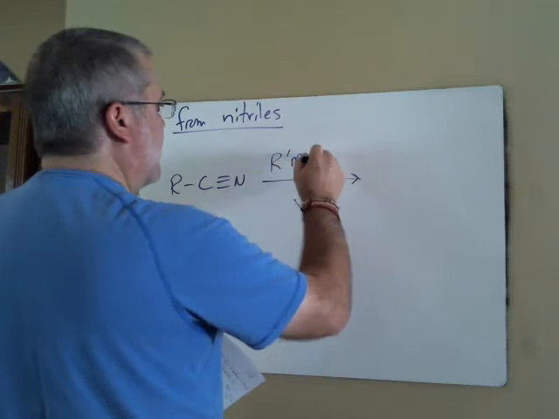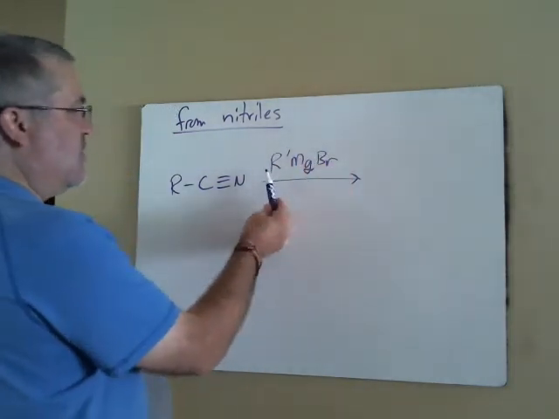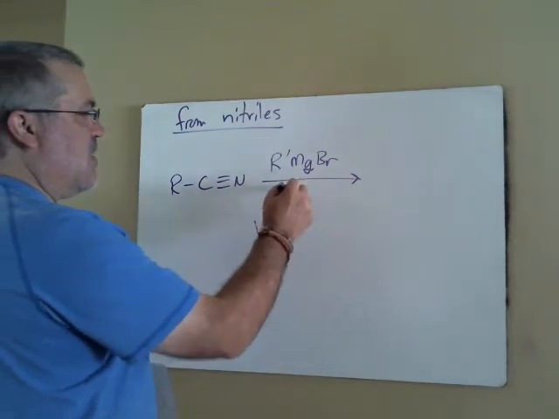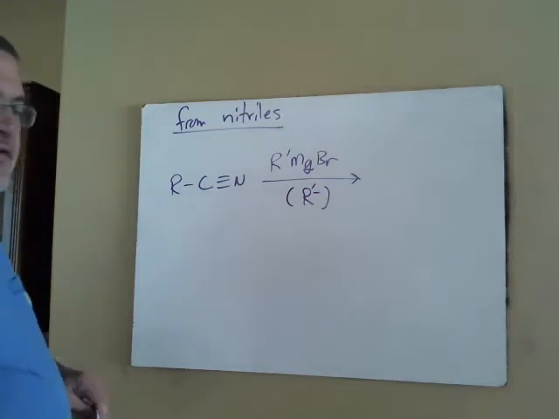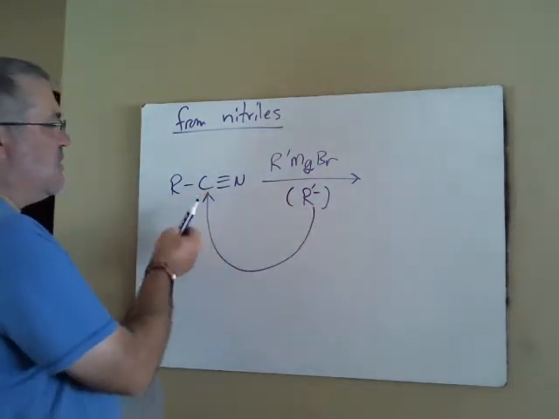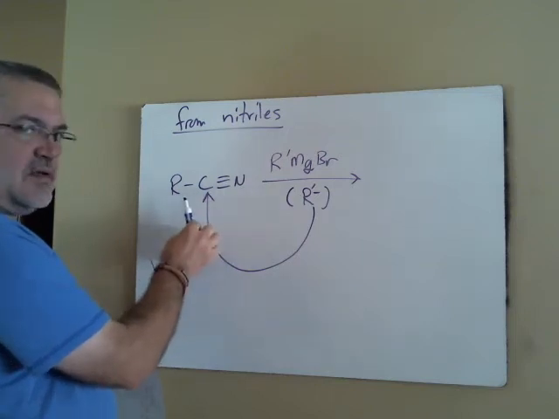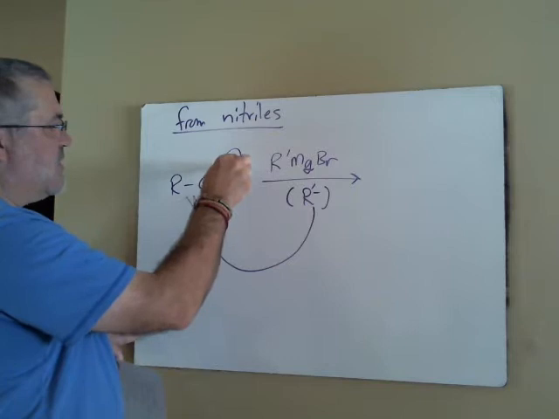Remember, Grignards were our magnesium organometallic, and so it's a reactive equivalent of R minus, whatever that R minus is. That can act as a nucleophile, and it's going to react with the electrophilic center of the nitrile, which is this carbon, which breaks this pi bond and moves the electrons out to the nitrogen.